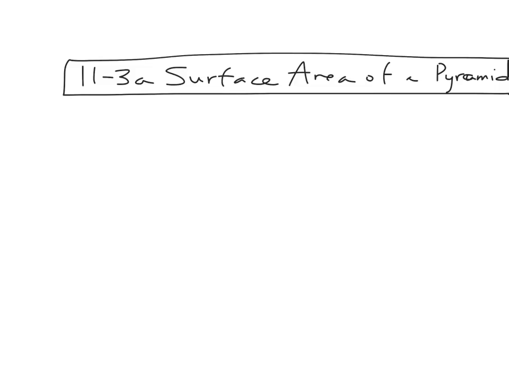In a regular pyramid, your triangles will all be isosceles, okay? So you'll always have isosceles triangles for your lateral faces in a regular pyramid. Let me draw you an example here.